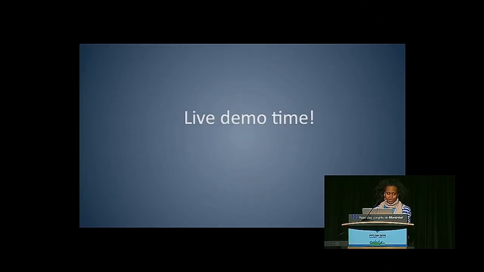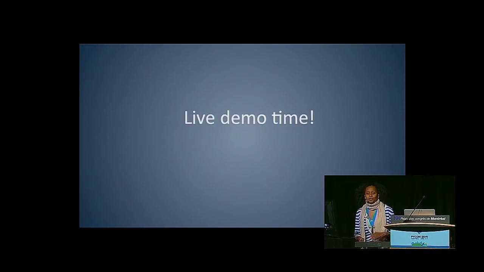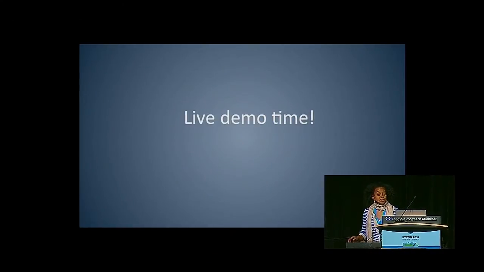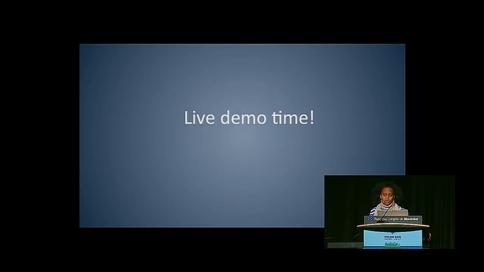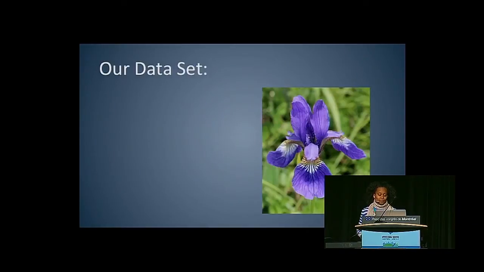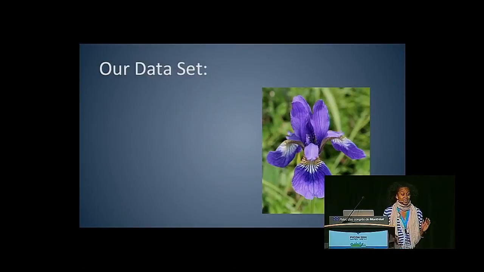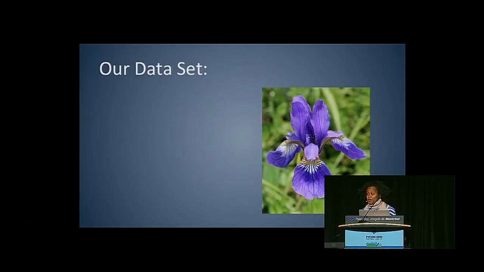Live demo time. Before we get into the live demo, I will tell you that we're using a data set from the Scikit-learn documentation, which means our data is going to be irises. For those of you who have taken a machine learning 101 class, classifying irises is considered to be a very common problem.